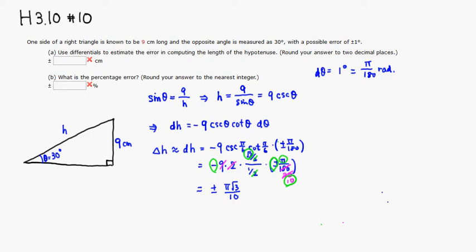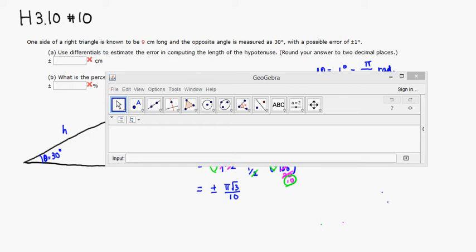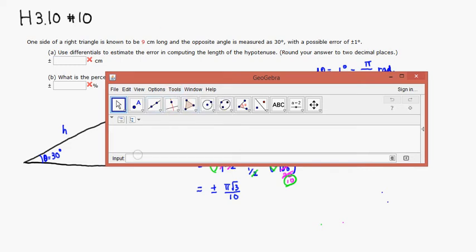So let's compute that using GeoGebra. Pi times square root of 3, divided by 10. So it came out to be 0.54.